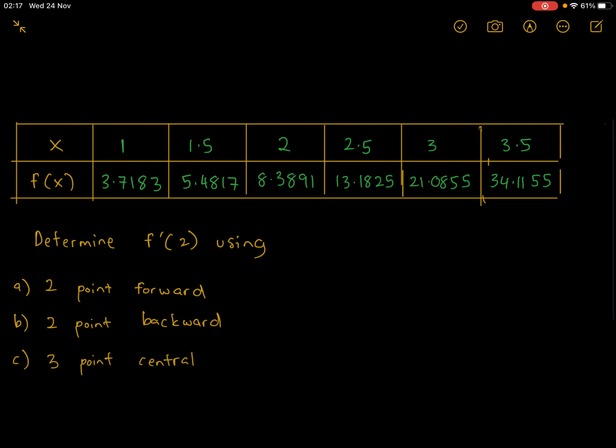Let's say we've got a set of data where it gives us the x and f(x) values. The question asks us to determine f prime of 2 using 2-point forward, 2-point backward, and 3-point central.